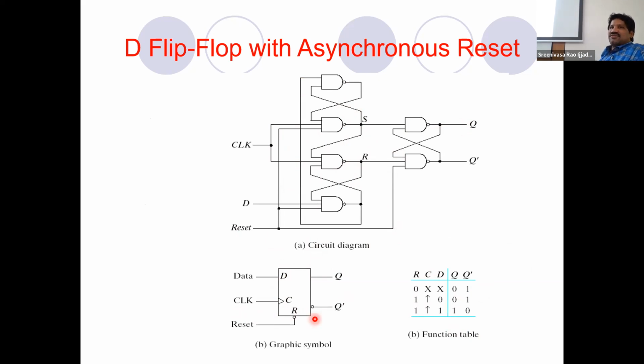Here the reset is active for 0. If you remove that bubble, the reset is active for 1. Clear? Yes, note down these two things. Then go to the code, note down it.